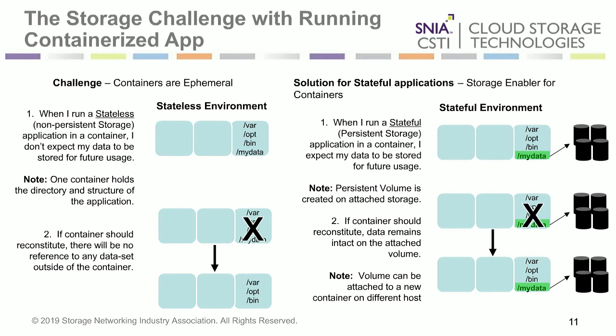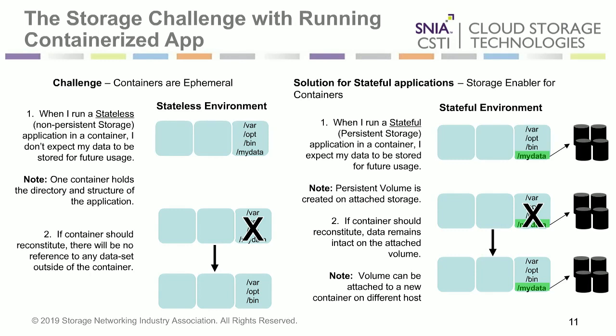And as you can see on the left-hand side, if I were to write my database files into the container, and I were to upgrade from version 1 to 1.1, all that data would be gone. So that's where we need to bring in external storage to be able to keep that data through different life cycles of the application.